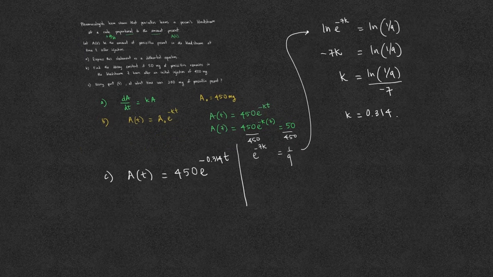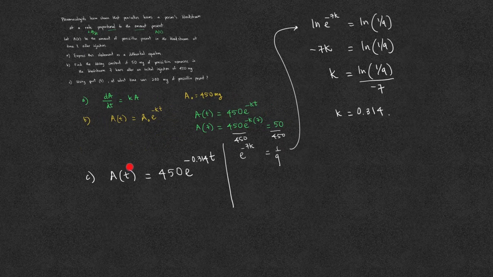This is the function that gives us the amount of the penicillin at any time t, where t is the number of hours. Part C asks us at what time 200 milligrams of the penicillin was present.